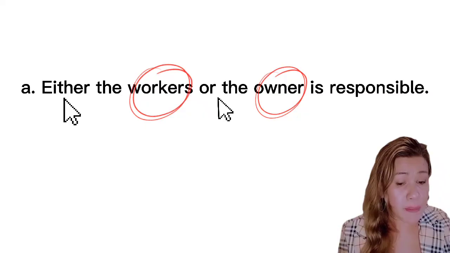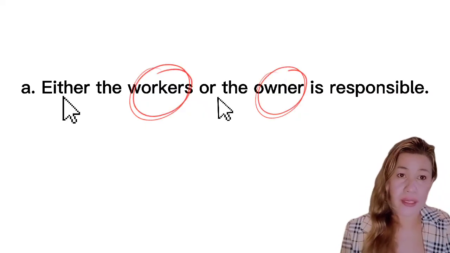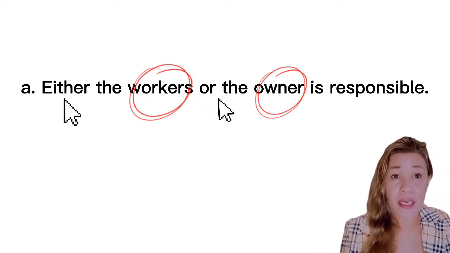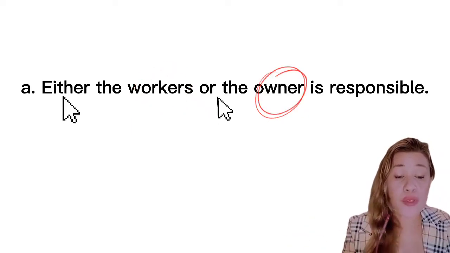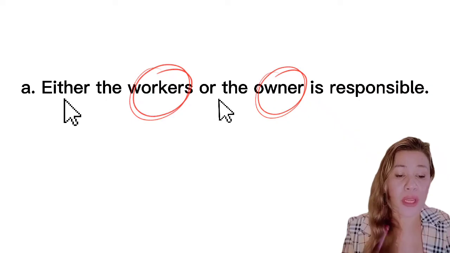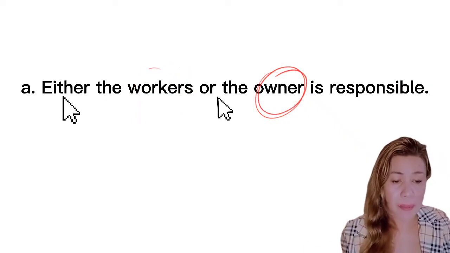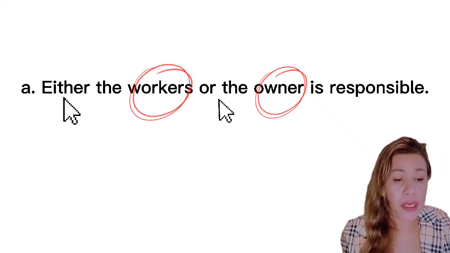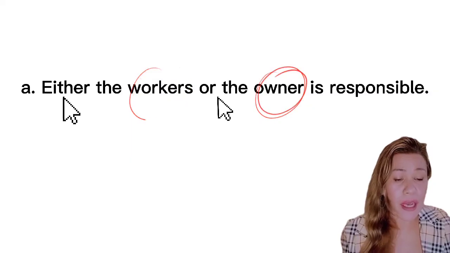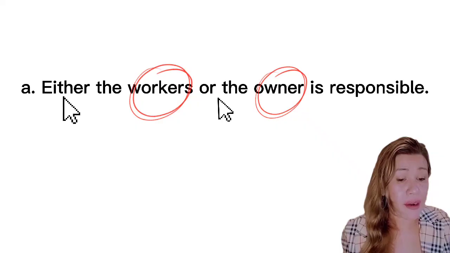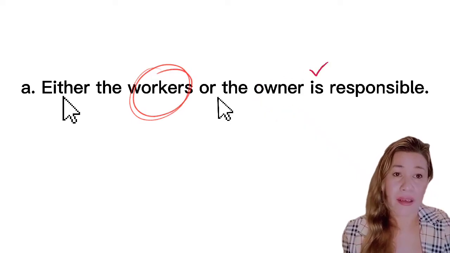The workers is plural, the owner is singular. And the rule says, whichever is closer to the verb, that is the one that will agree with the verb. In this example, the owner is closer to the verb, right? And the owner is singular. Therefore, we will need is and not are. Okay?